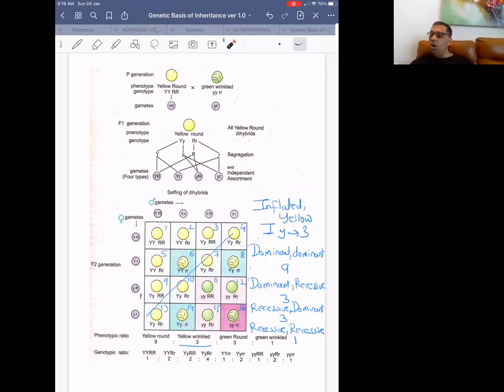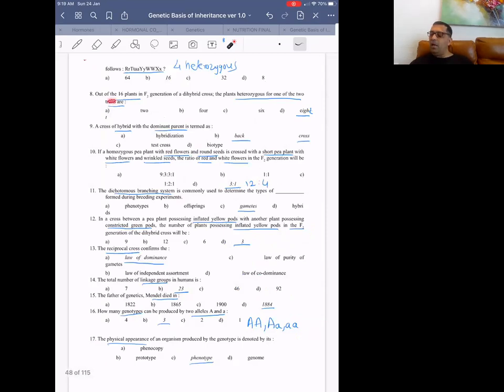So the question was, out of 16 plants in a dihybrid cross, plants heterozygous for one of the two traits are, in other words, heterozygous for one trait, homozygous for the other trait are 8. So 8 is the answer. I hope you've understood this.